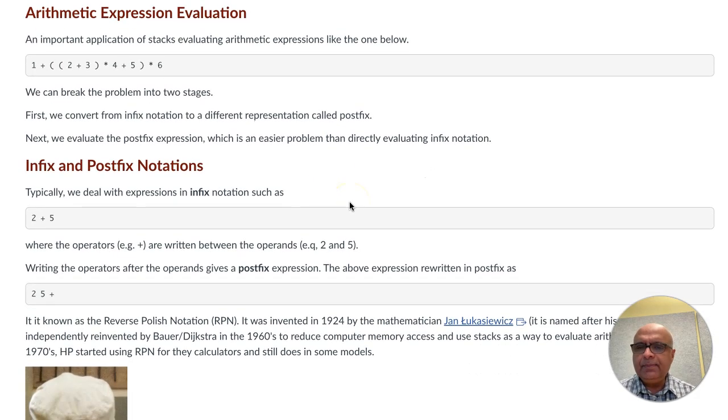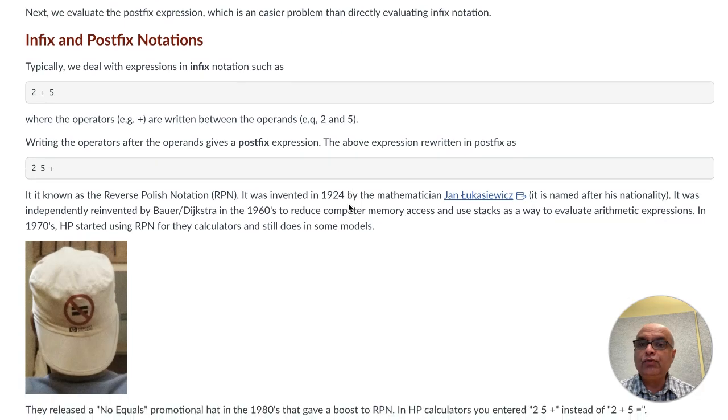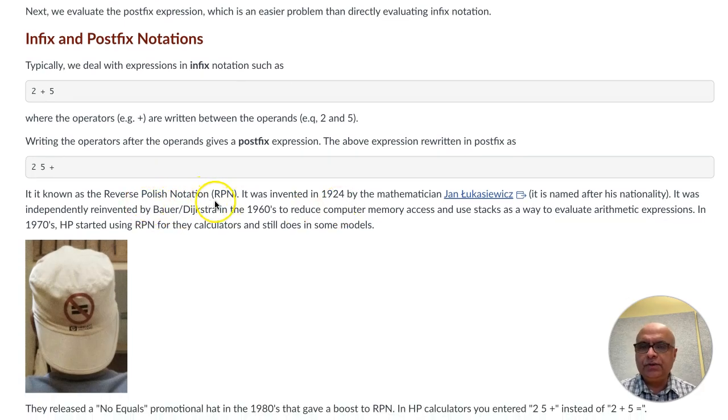Now, where does this come from? This is also sometimes known as reverse Polish notation, or RPN, invented by a Polish mathematician, and hence the name using his nationality, right? It was rediscovered, reinvented in 1960 by Bauer and Dijkstra, and used to reduce computer memory access and the use of stacks.